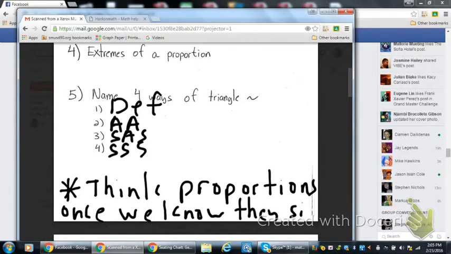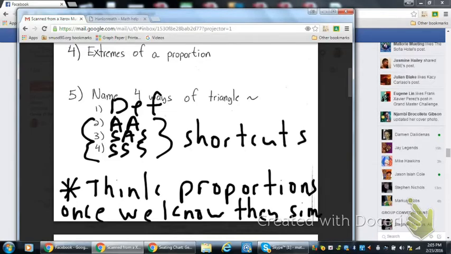I'm going to get rid of the R. These are shortcuts. So think proportions once we know they're similar.